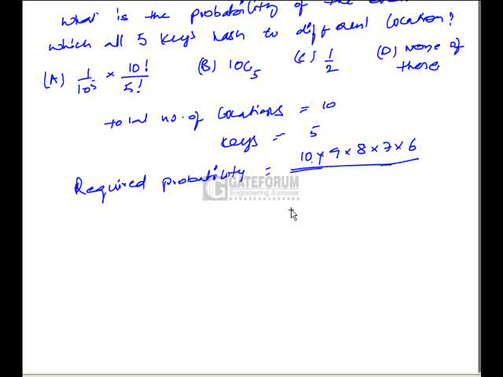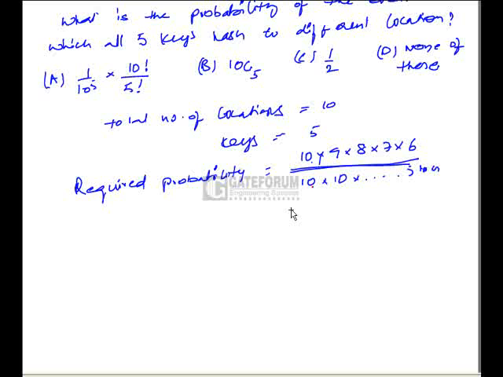But in the denominator we'll be getting total number of arrangements, so 10 into, up to 5 times for the 5 keys.